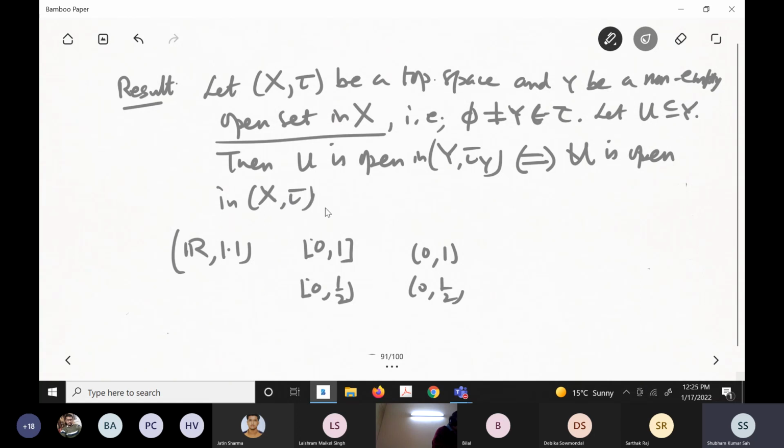That is, U belongs to tau_Y if and only if U belongs to tau. You can see here the example. Here for open sets, there is no anomaly. It will be open in the subspace topology if and only if open here. But in R it is not true. But here the closed sets will play that role. Here a subset will be closed if and only if it is closed here.